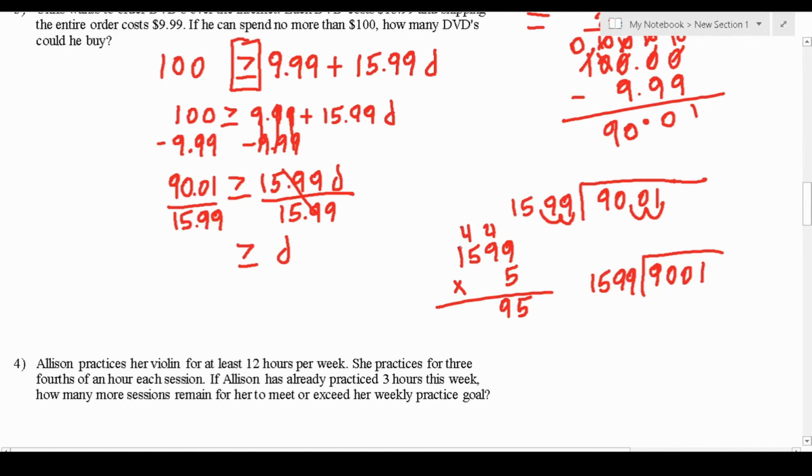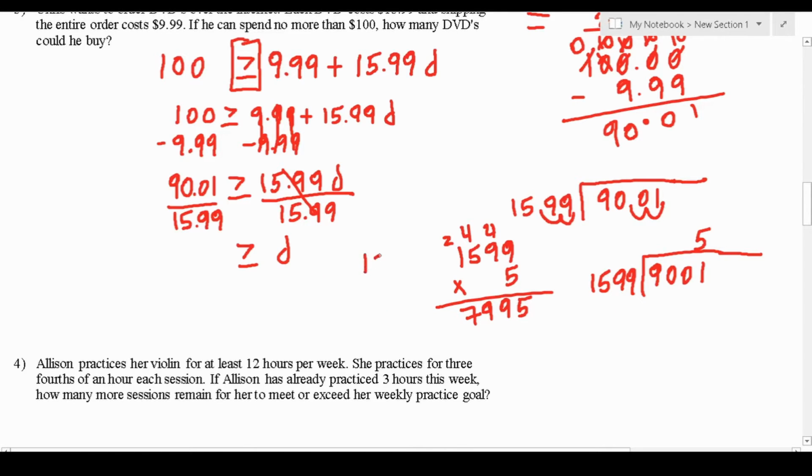Again, carry your 4. 5 times 5 is 25, plus 4 is 29. Carry the 2. 5 times 1 is 5, plus 2 is 7. And as we can see, if we were to add 1599 to this, it would get us above 9,001. So we're going to go ahead and say this is 5.